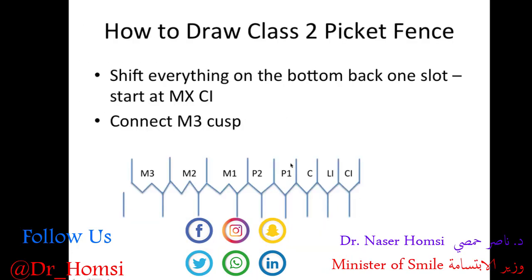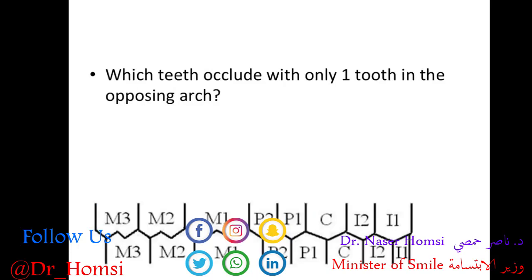If we start on the maxillary central incisor, we just draw a line down, 1, 2, 3, 4, and so on. Keep going, and then when we get back here, we're going to connect the third molar. So we have an easy template for class 2 occlusion, and I go through a typical class 2 occlusion question you'll see on the boards at the end of the lecture.